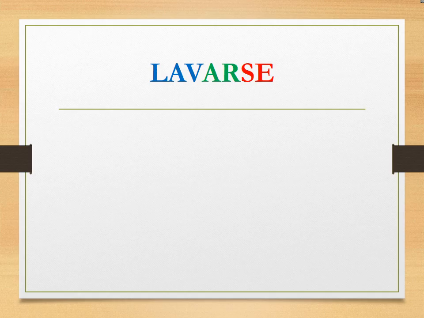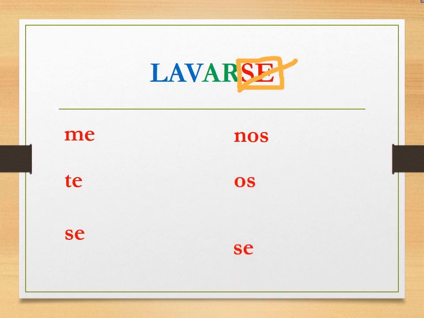So we're going to talk about lavarse. First of all, your first learning goal says, can you recognize a reflexive verb? So this is a reflexive. Why? Because I see this se part here. All right. Step 1 says, I'm going to take this se and change it to me, te, se, nos, os, se.